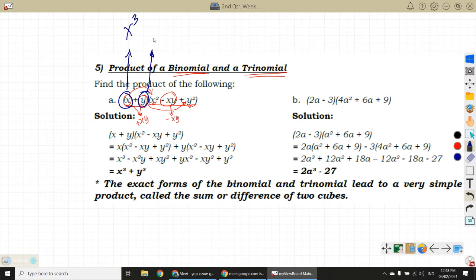Cube of last term, we have y cube. Now, what is the operation? The operation is positive or addition. Yun yung ating sagot. Okay? Yun na ang ating sagot. X cube plus y cube.